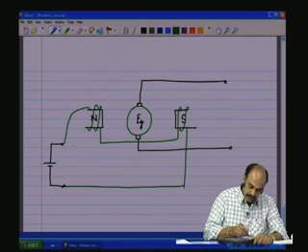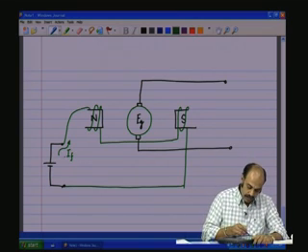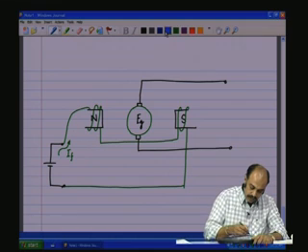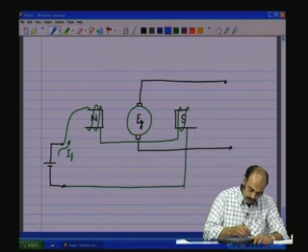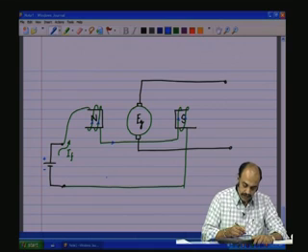So, this battery here is supplying a current IF, which we call the field current IF. Now, the field current IF is flowing through, this is plus and minus, flowing in this direction, goes in this direction here, which sets up the field.